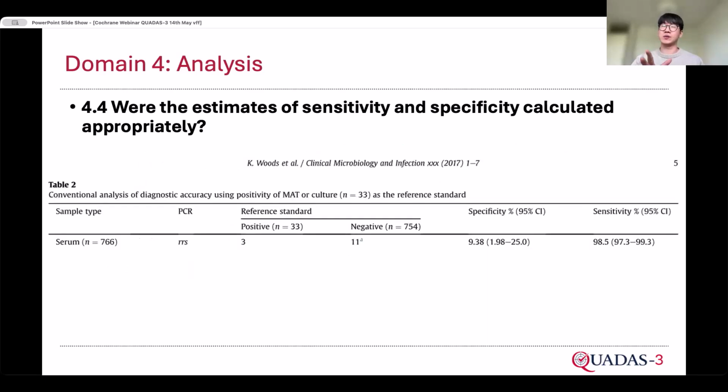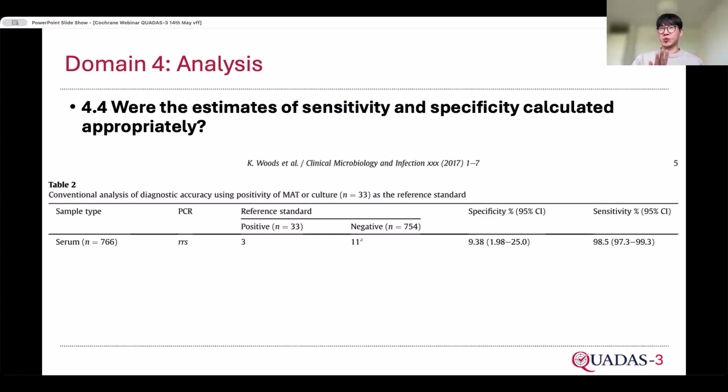This is not about typhoid. This is about a disease called leptospirosis. The index test is what we call PCR, polymerase chain reaction. And here you see that there are 3 positive PCR results among 33 reference standard positives and 11 PCR results that are positive among 754 reference standard negatives.